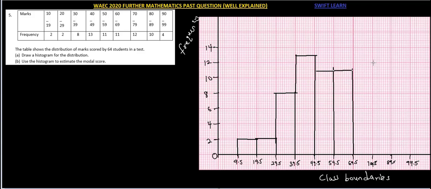So now back to 12. As you can see, 69.5 to this is 12, so I'll start like this.